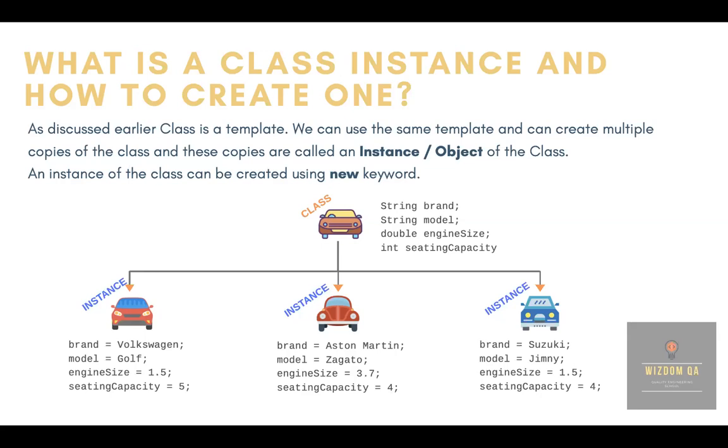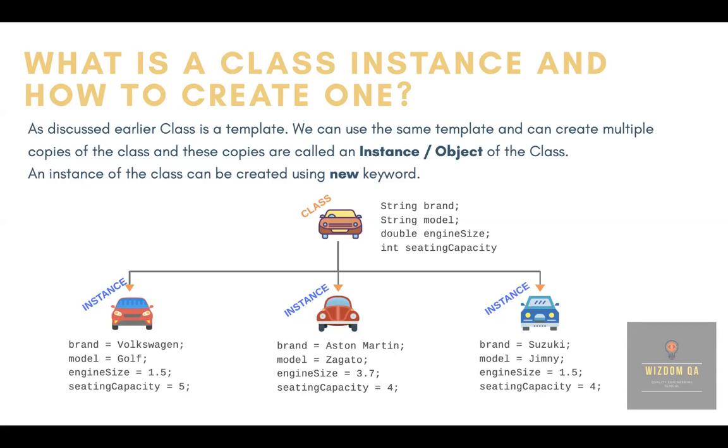So the instance of the class will have the active information. Class is a template that we understand, and the instance of the class will make that class a live element.